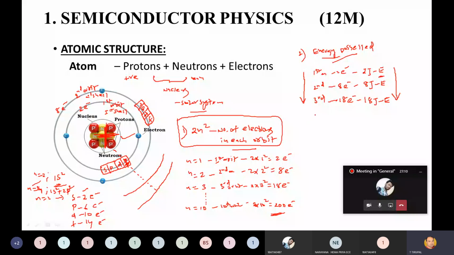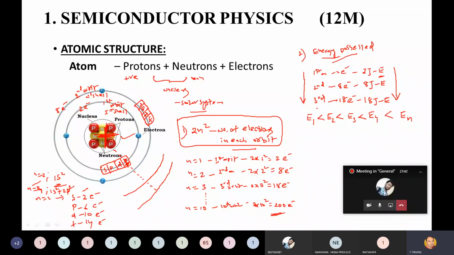So if you assume the energy possessed by the first orbit is E1, by the second orbit E2, by the third orbit E3, by the fourth orbit E4, and so on, and by the nth orbit En, then the relation between the energies of the orbits in an atomic structure is E1 is less than E2, E2 is less than E3, E3 is less than E4, E4 is less than En.